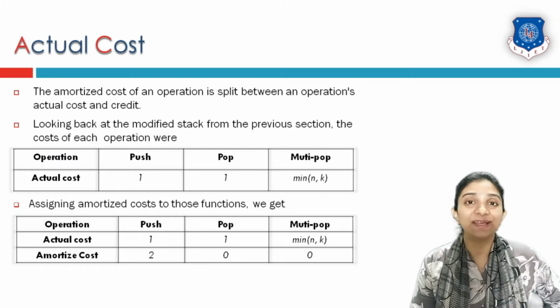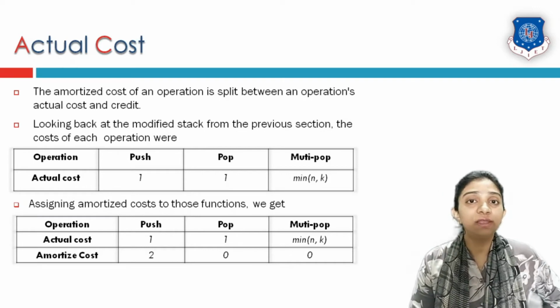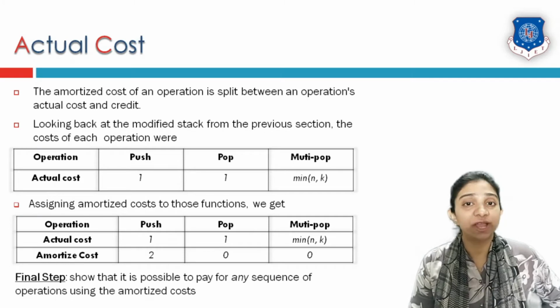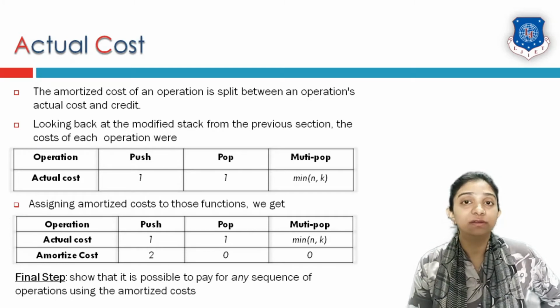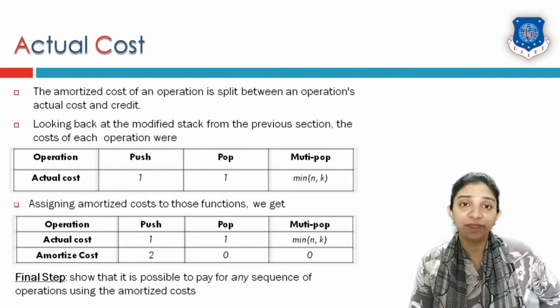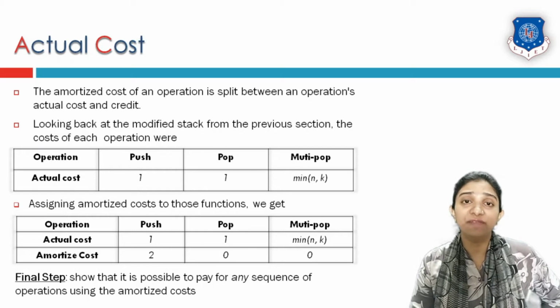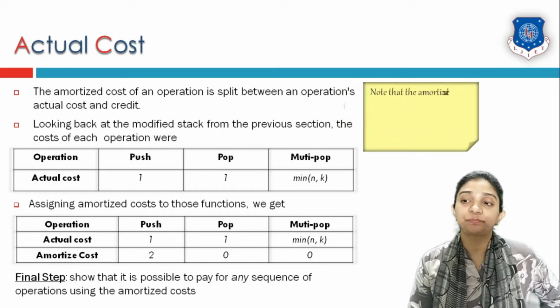Multi-pop also has an amortized cost of 0 because it can be carried out if and only if a push has been made to the stack. So the final step is to show that it is possible to pay for any sequence of operations using the amortized cost.